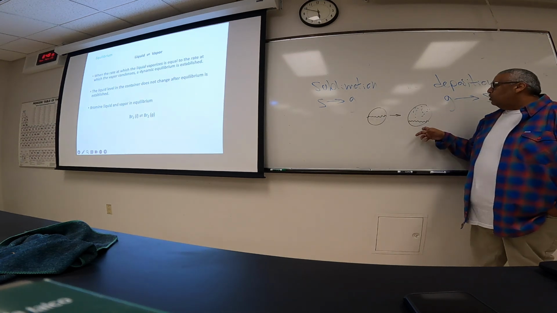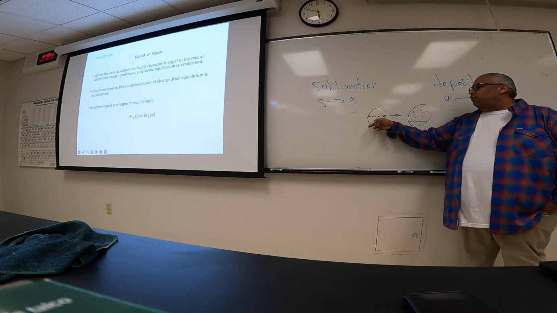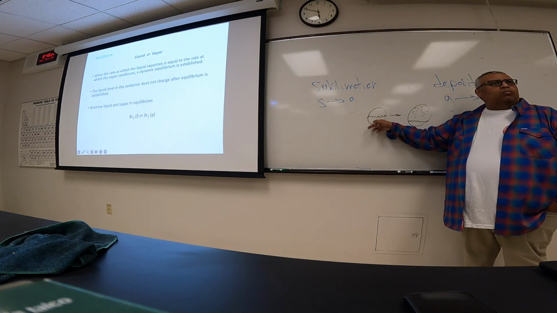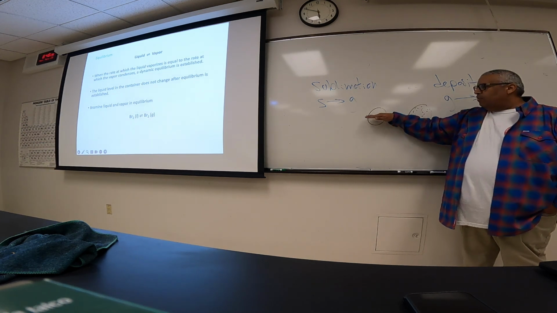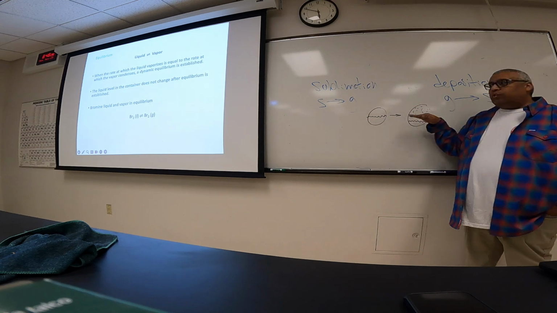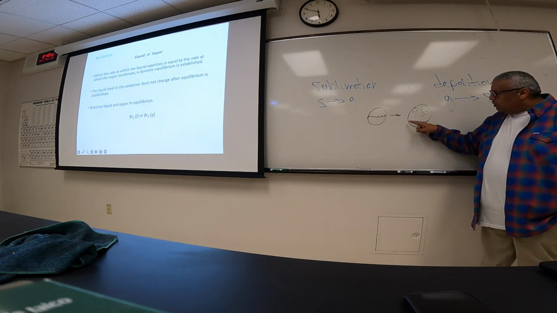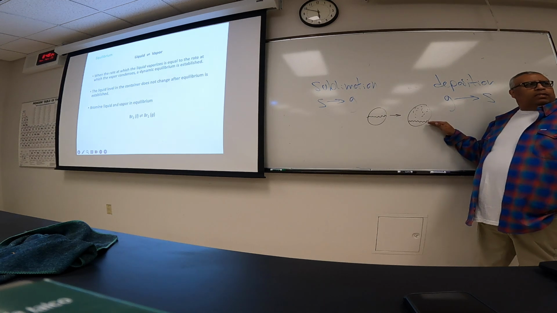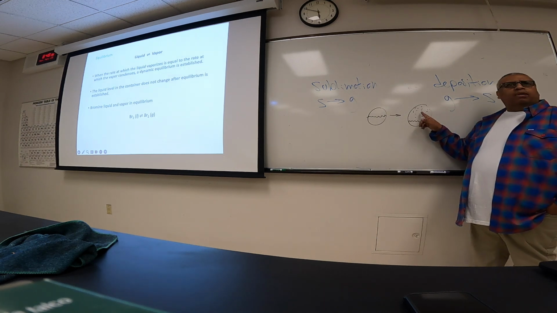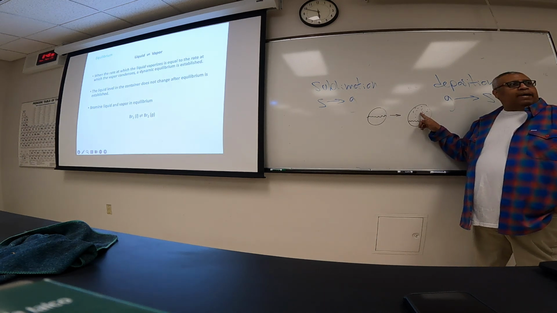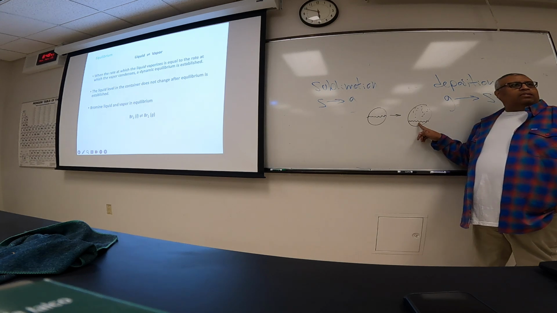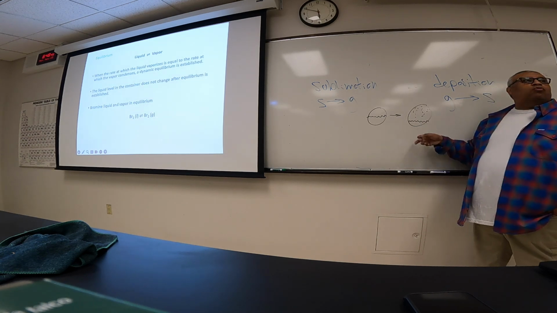Right? So here, before it comes to equilibrium, some of this has to evaporate, so that liquid level is going to go down. But after it reaches equilibrium, the amount of liquid is just going to be constant now. So the amount of water in the gas phase and the amount of water in the liquid phase, at equilibrium, remain constant.